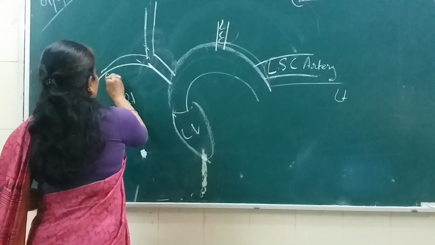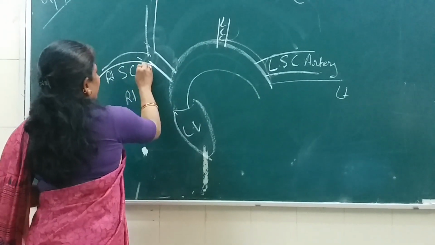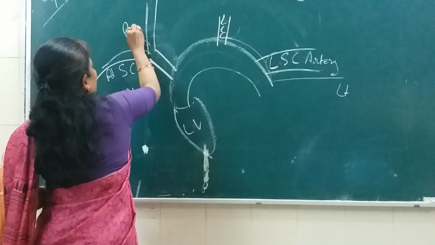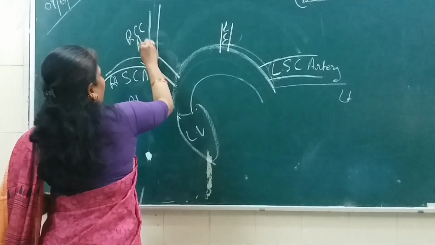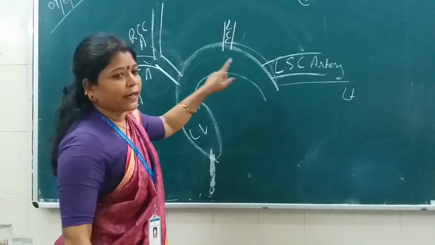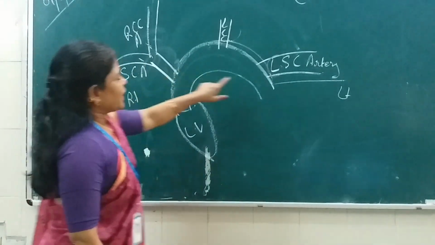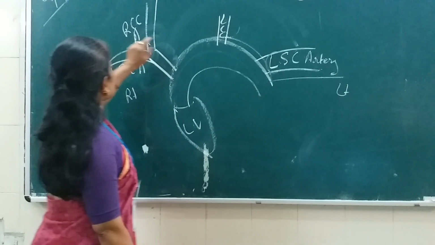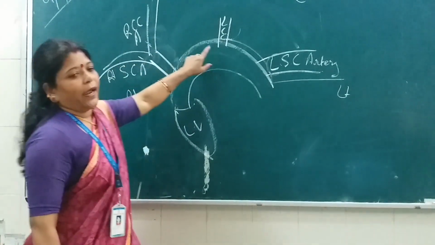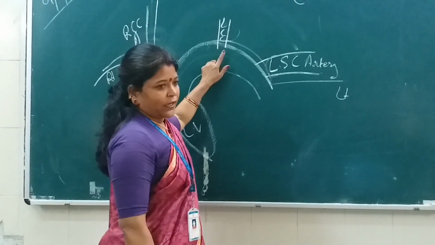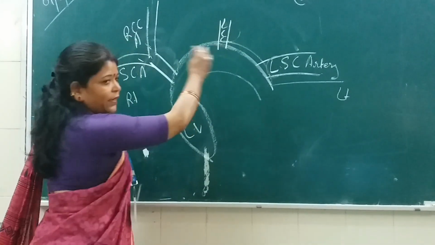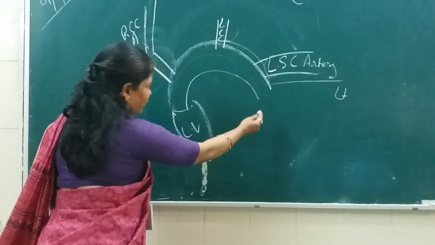This is the right subclavian artery and this is the right common carotid artery. Now all the sets are clear. Right subclavian artery, then left subclavian artery. This is the right common carotid artery and here it is the left common carotid artery. So these are the major vessels output from the arch of aorta.